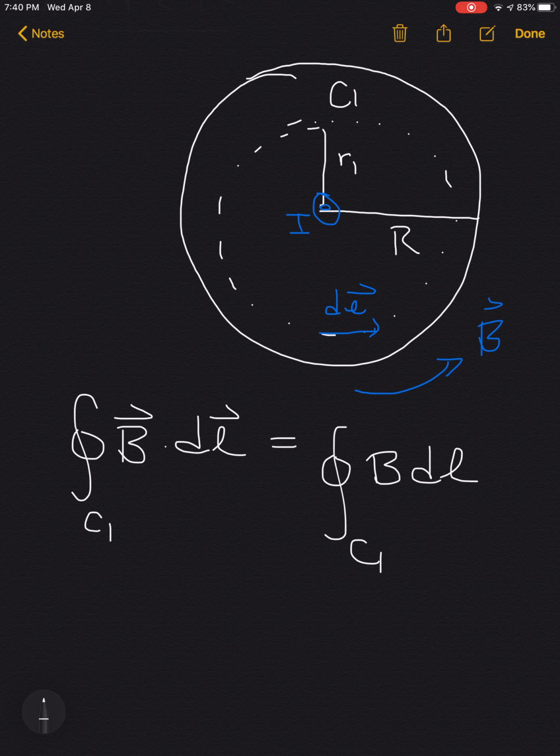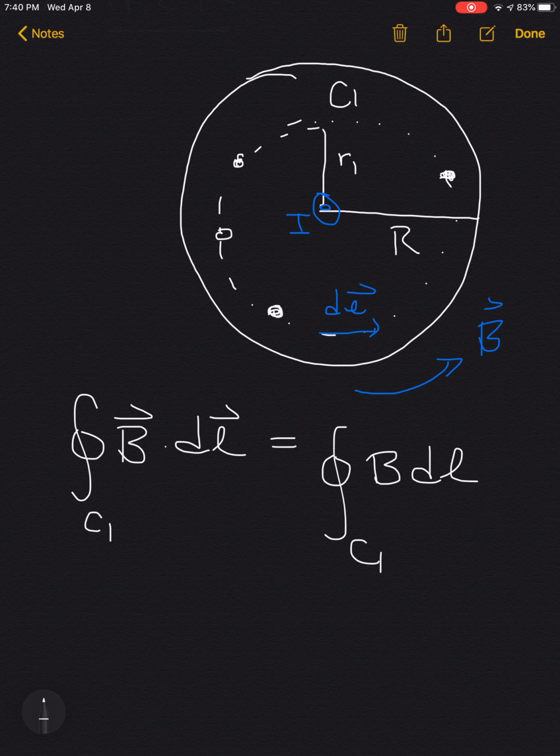If you draw a circle around the center, there's no reason why the B field at one point on the circle should be different than the B field on another, because there's a sort of cylindrical symmetry here. There's nothing different about this point as opposed to another point.